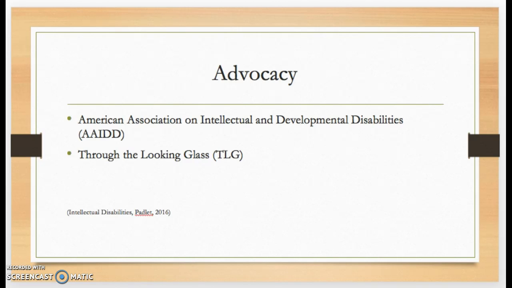The next one is Through the Looking Glass. This is an advocacy program for Katie's mom. Katie isn't getting the proper technology or assistance in the classroom at her new school, so this would give Katie's mom the chance to help Katie have a voice again in the classroom.